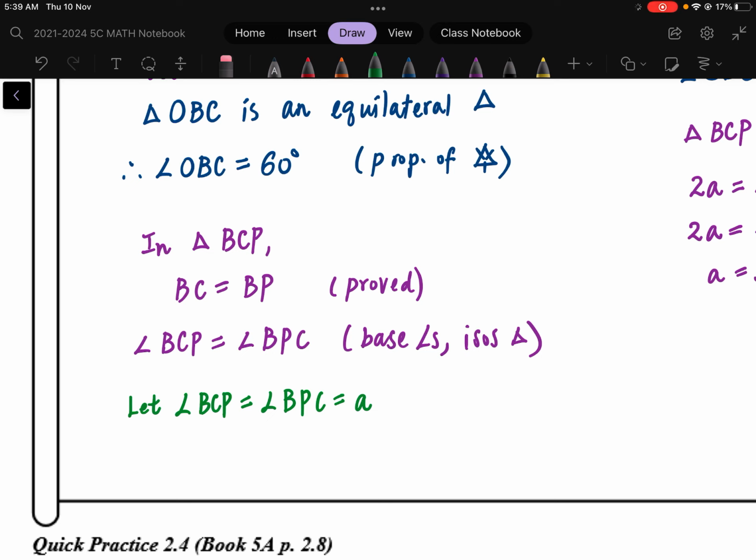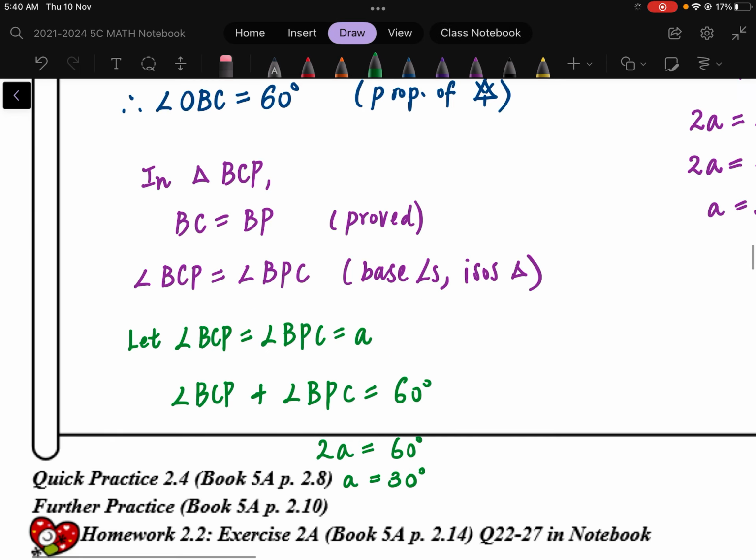So we'll just do an exterior angle of triangle. So that's part A.